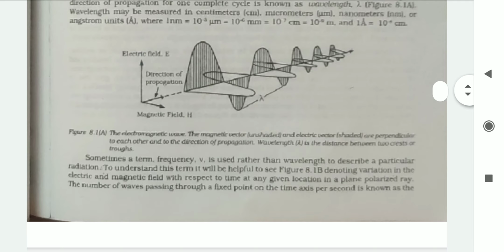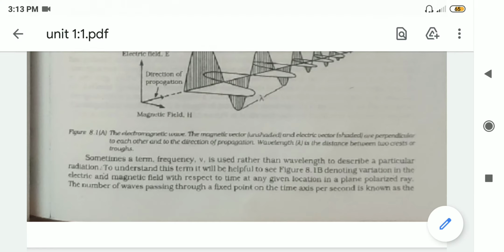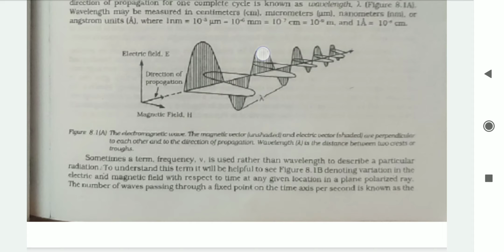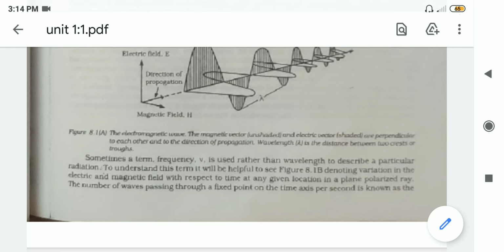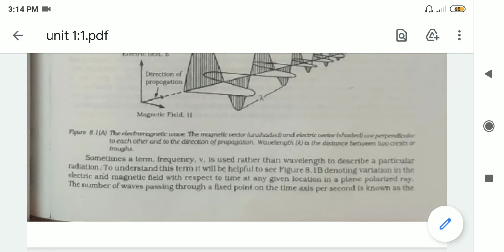Then, how frequently the light can vibrate, how frequently one wavelength occurs in a short amount of time, or in 1 second, how many times the light can go from the positive end to the negative end, and then again to the positive end. That is referred to as frequency, and represented as mu.